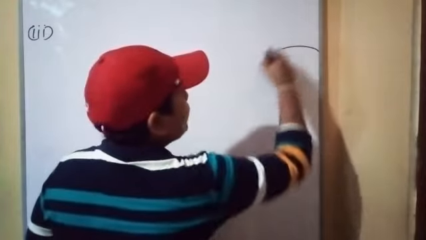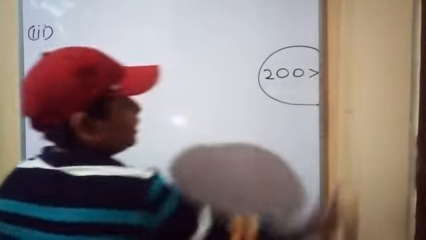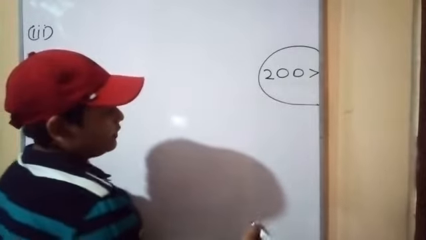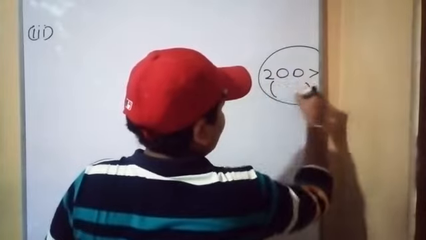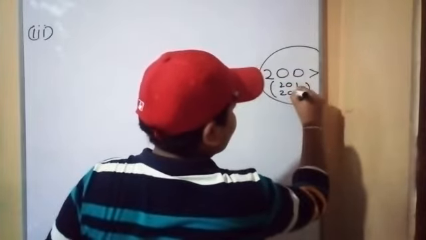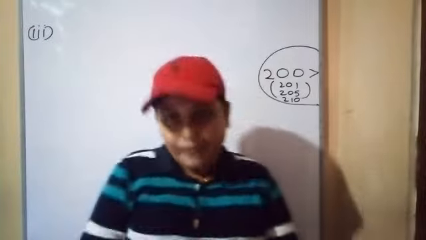Exceed 200 means greater than 200. Or we can say 201, 205, 210. We don't know about that. We want to find that.